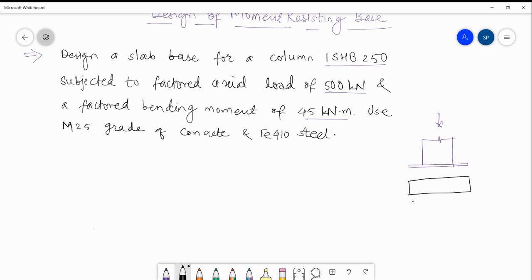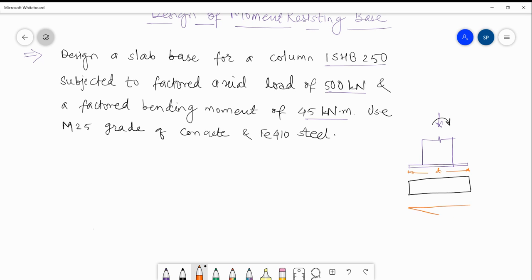But when this axial load is accompanied by a bending moment, the upward soil pressure distribution will depend on the eccentricity value and D value. Now D is nothing but the width of this base plate.